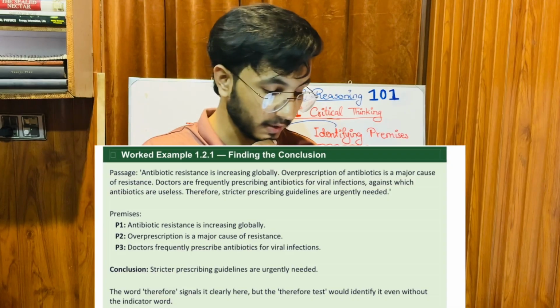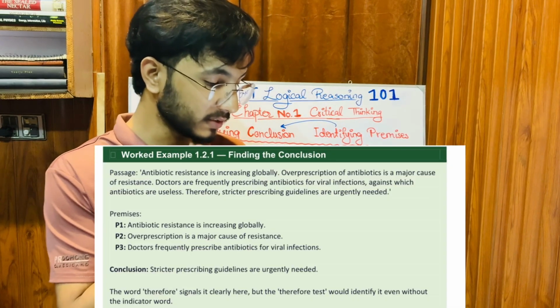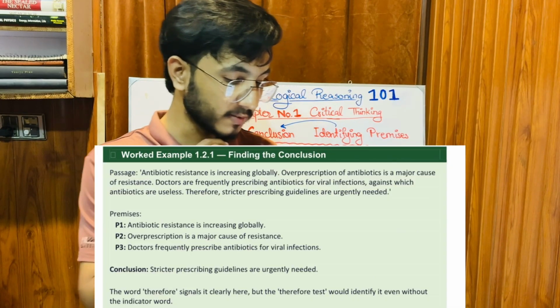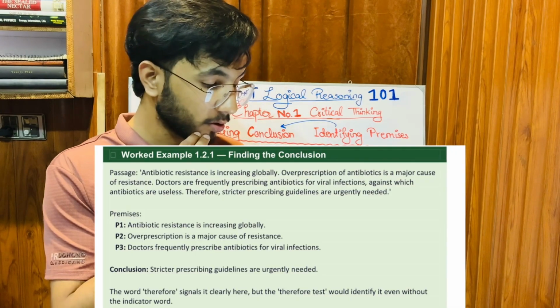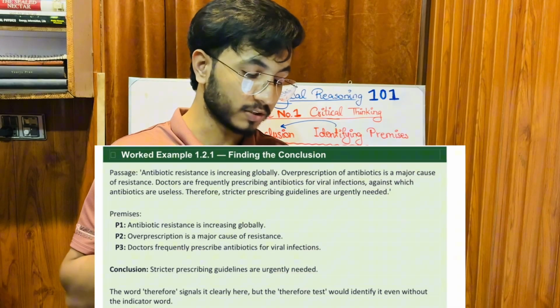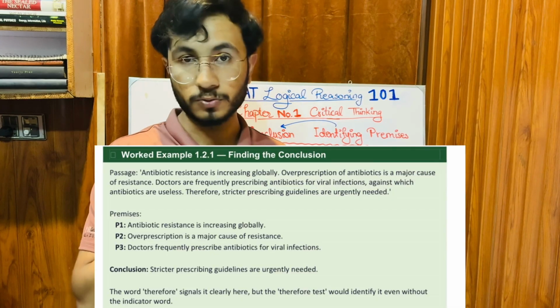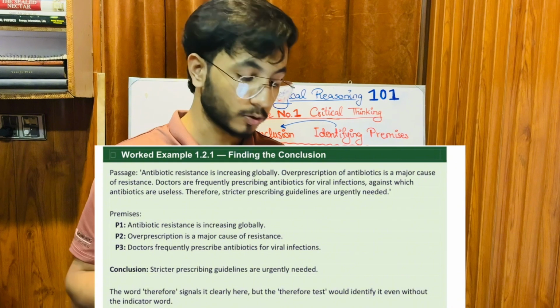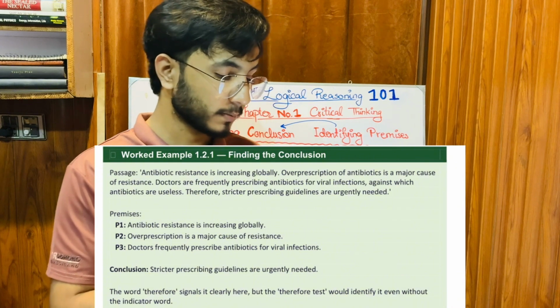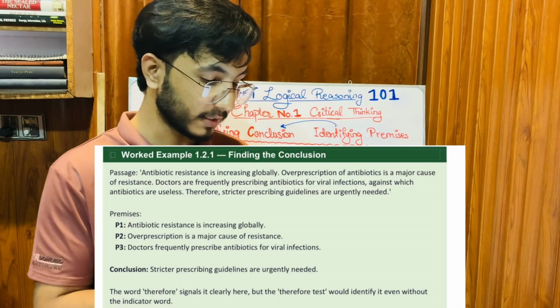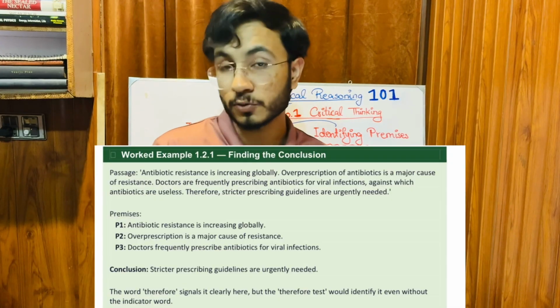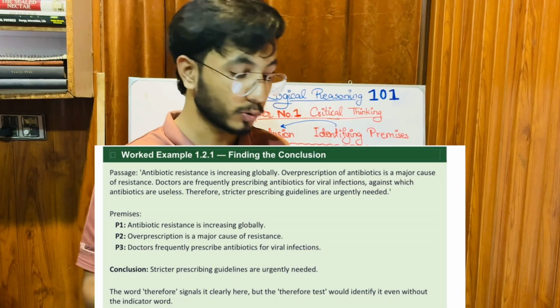As you can see, there are many premises. The first premise is that antibiotic resistance is increasing globally. So that's why they want stricter prescribing guidelines. The premise is supporting the conclusion. The next premise is that overprescription of antibiotics is a major cause of resistance. That is also a premise supporting the conclusion.